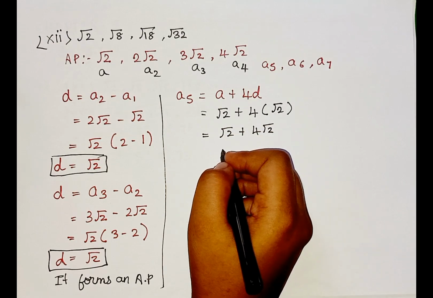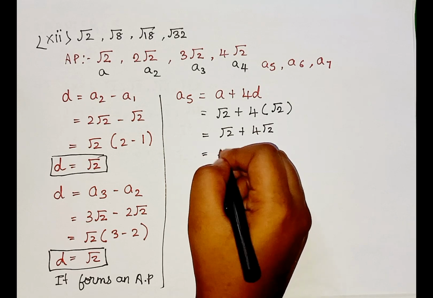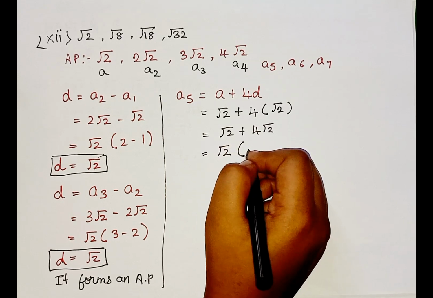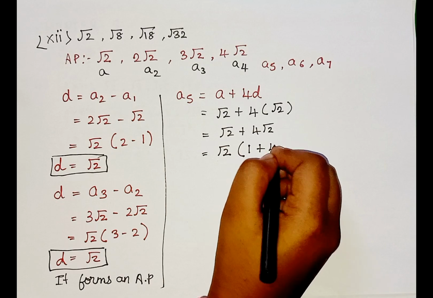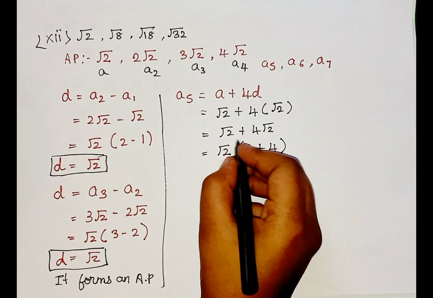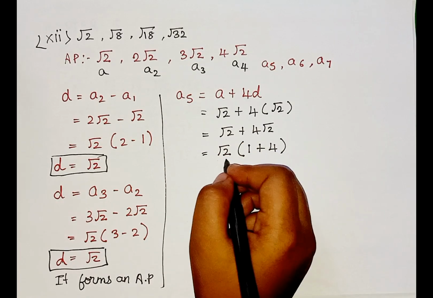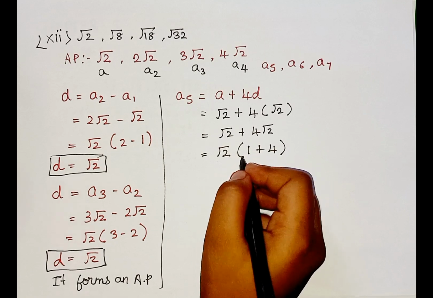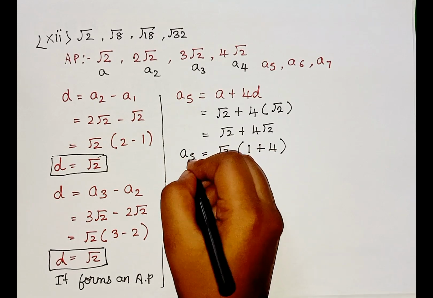Now we can take the common value, root 2, bracket 1 plus 4. Why? Because 1 into root 2 is root 2 and 4 into root 2 is 4 root 2. Alright, so this is going to be your A5 value.